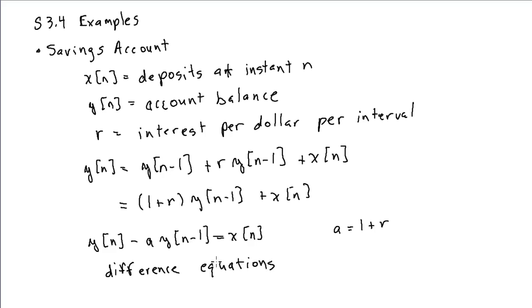With these discrete time systems, the system can be implemented either in hardware or software. What's interesting is that we can always solve these difference equations exactly using recursion or iteration.